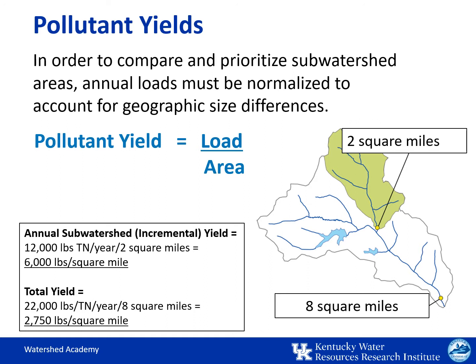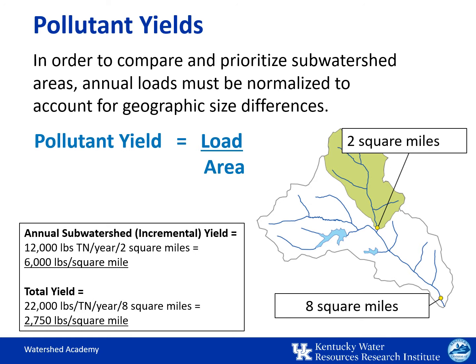Since sub-watershed areas can contribute varying levels of the overall pollutant load, it's helpful to know their incremental yields for prioritizing management practices where pollutant reductions can be the greatest. Using our previous example, you can calculate yields for the subwatershed in green and for the total watershed area.